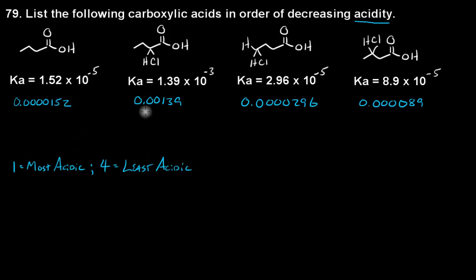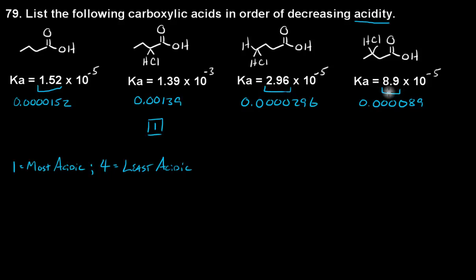Of these, the biggest number comes from the second compound, so this one is going to be the most acidic. They all have the same number of zeros, so there's no real importance in comparing all these zeros. It's easier to just look at these numbers right off the bat: 152, 296, 8.9.